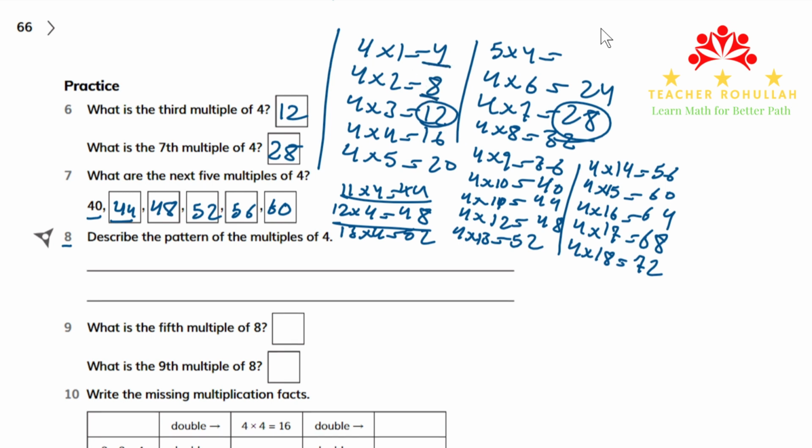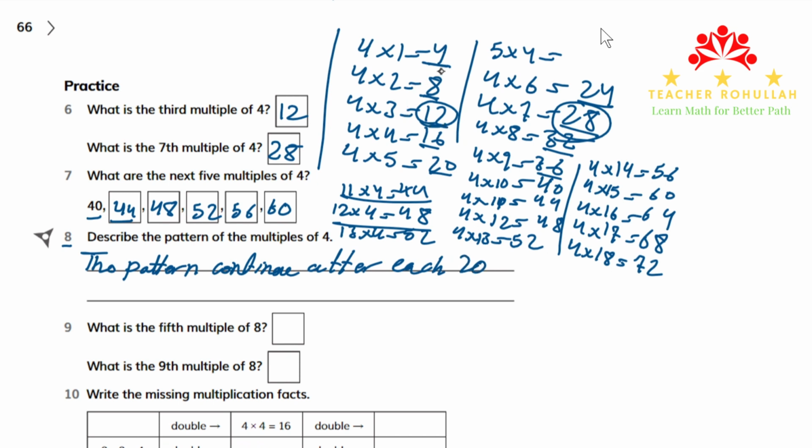We have 4, 8, 12, 16, 20. Then again, we have 4, 8, 12, 16, or we can say we have 4, 8, 2, 6, and 0 in the ones place, and again we have 4, 8, 2, 6, and 0 in the ones place. So we can say that the pattern continues after each 20.